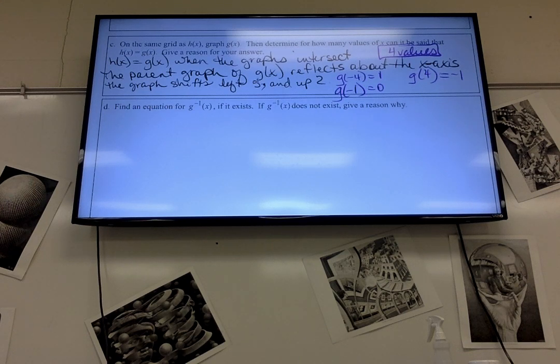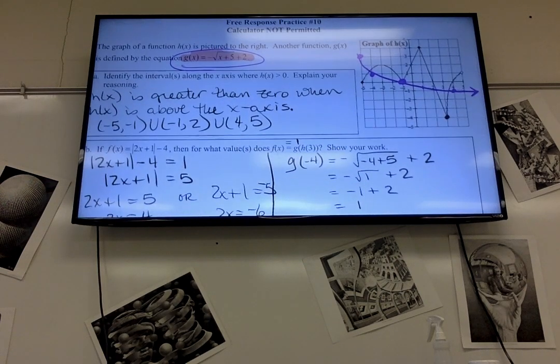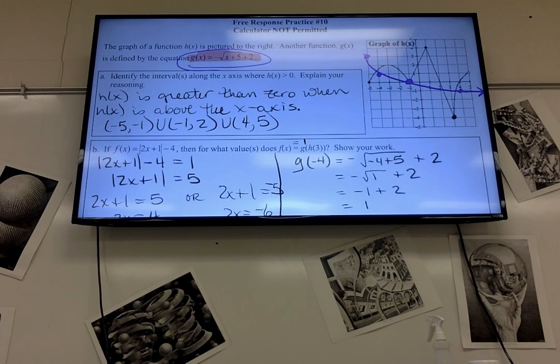Then D, find an equation for g inverse of x if it exists. If g inverse does not exist, give a reason why. So g of x, oh, we have a picture of it. Lovely. So since we have a picture of it, I can use the horizontal line test.